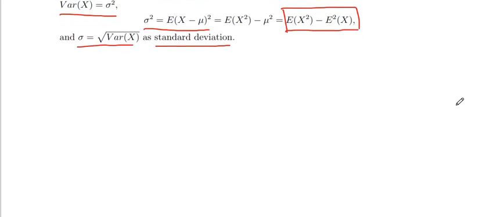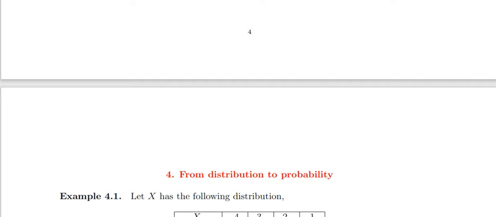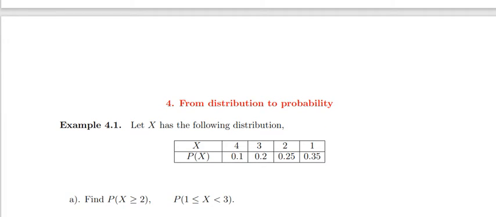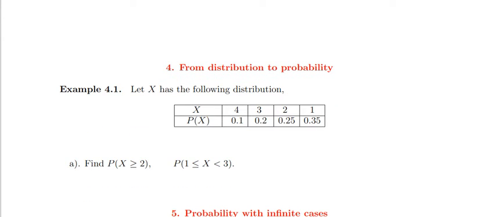So this is for a distribution. We have expectation and variance. The distribution is where we put all cases together, all probabilities together.